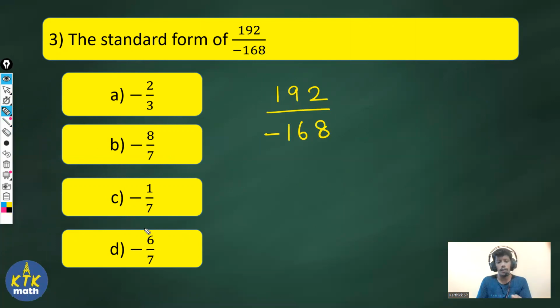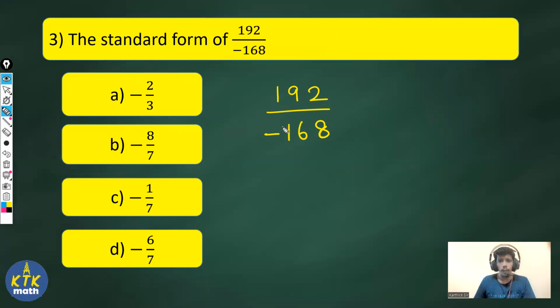You can use 2 table, 4 table, or 8 table also. Whenever we are doing cancellation, always think about the greater number possibility. If you keep on doing 2 table, 2 table, 2 table, it means waste of time. By looking, I can say, look at the denominator, 16 and 8, both will come in 8 table, no? So I'm going to use 8 table directly.